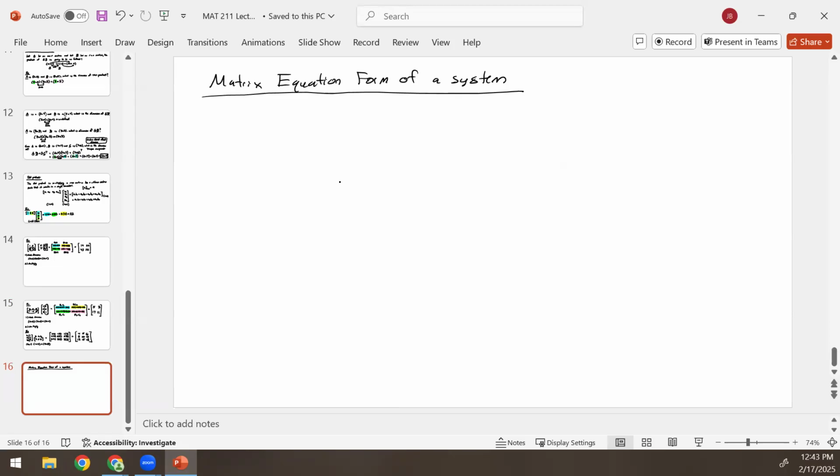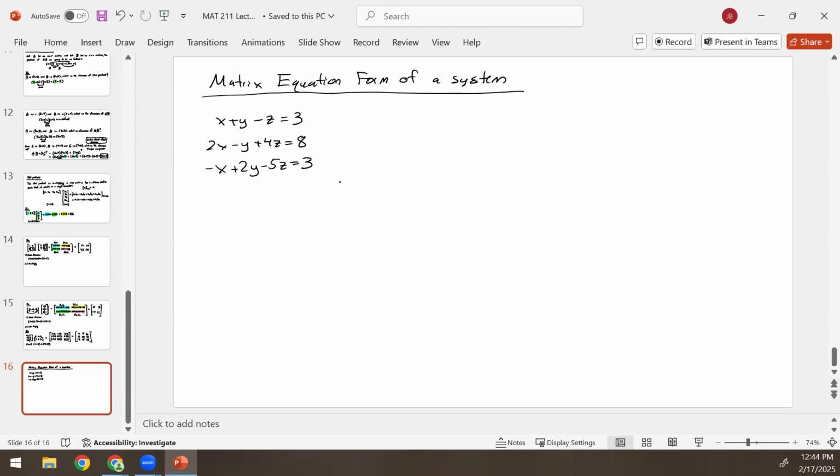Like, let's just say we had something like x plus y minus z equals 3, 2x minus y plus 4z equals 8, and then negative x plus 2y minus 5z equals 3, right? If I ask you to solve this, you would say, okay, well, I got to do elimination method and substitution method. That's not going to be fun.